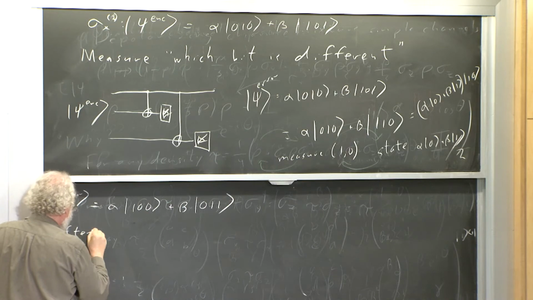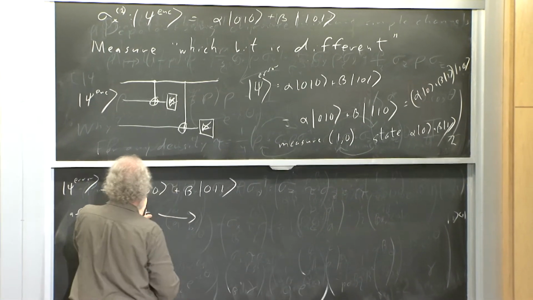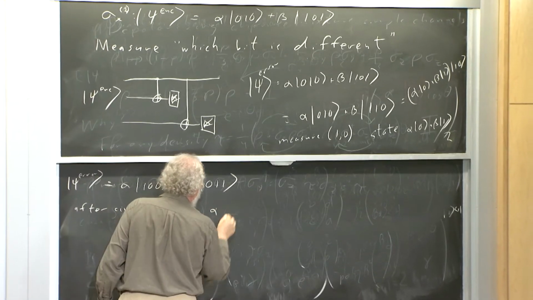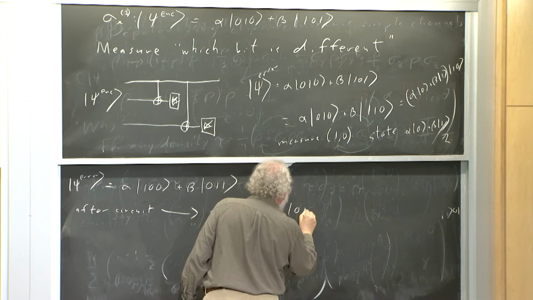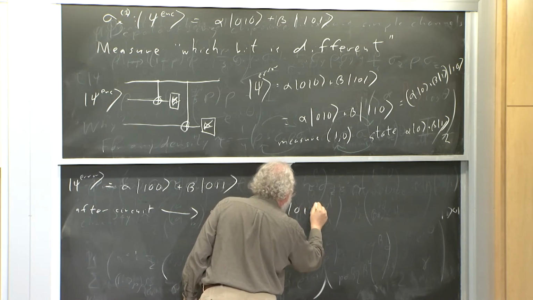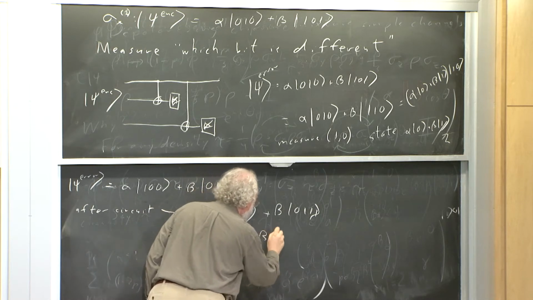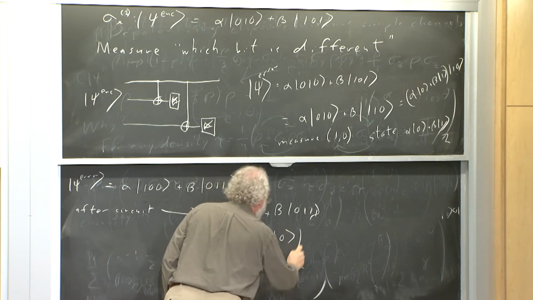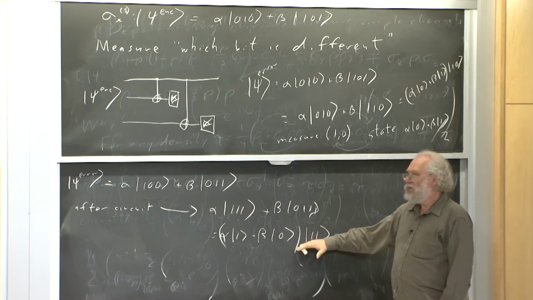After the circuit, you get alpha 1, 1, 1 plus beta 0, 1, 1, which is equal to alpha 1 plus beta 0 times 1, 1. And of course, you measure 1, 1.